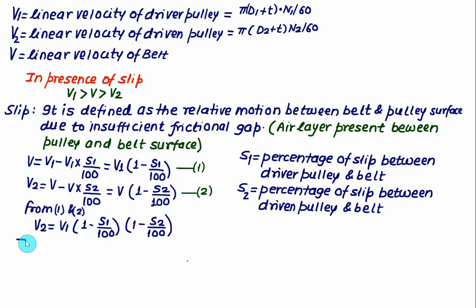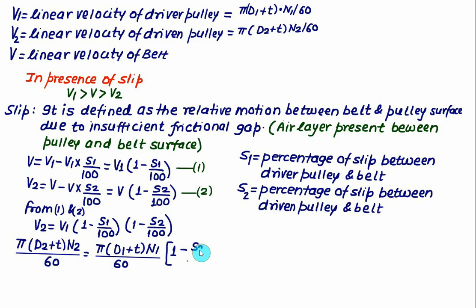So V2, pi into diameter of the driven pulley plus thickness T multiplied by rotational speed of the driven pulley divided by 60, is equal to V1, which we can replace as pi into (D1 plus T) into N1 divided by 60, into, this time we expand the bracket: 1 into 1 is equal to 1, 1 multiplied by minus S2 by 100 is minus S2 by 100, minus S1 by 100 into 1 is minus S1 by 100, and minus times minus becomes plus.